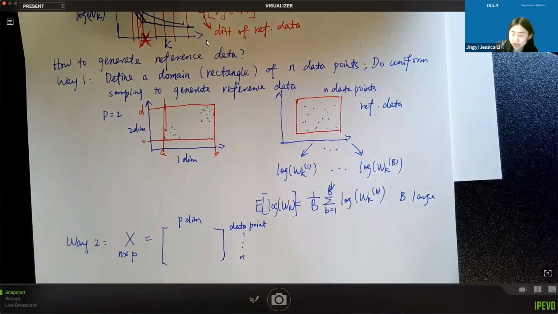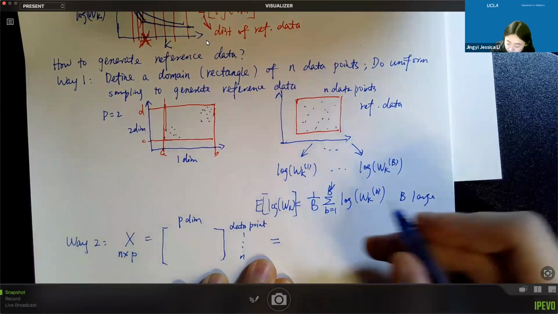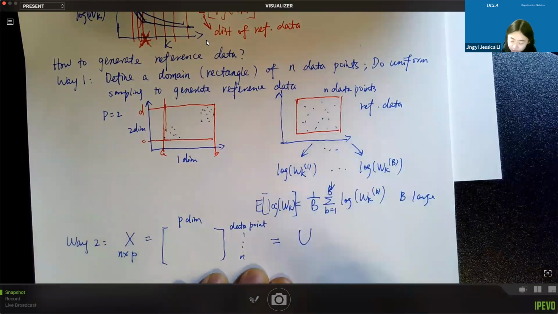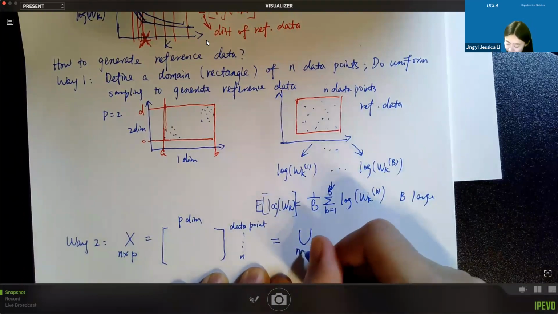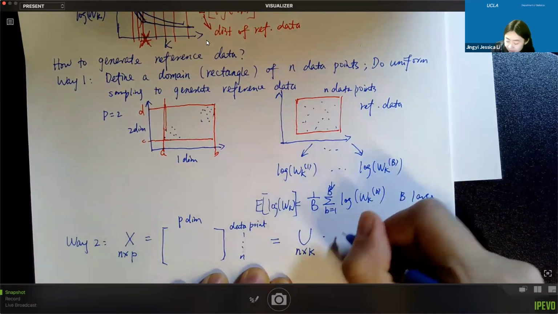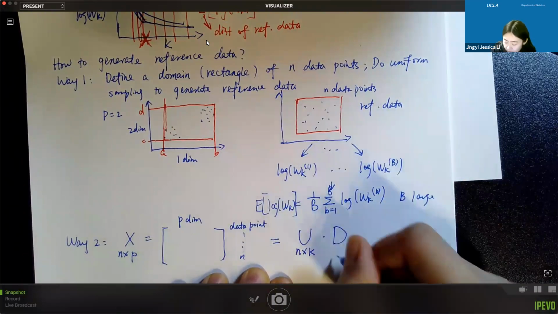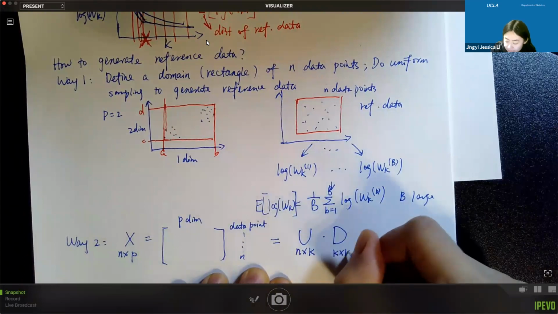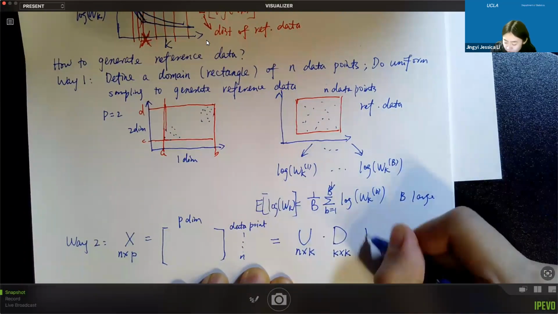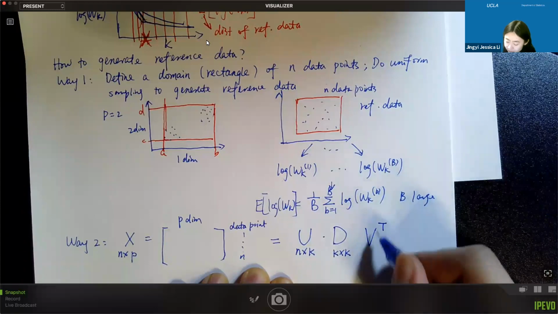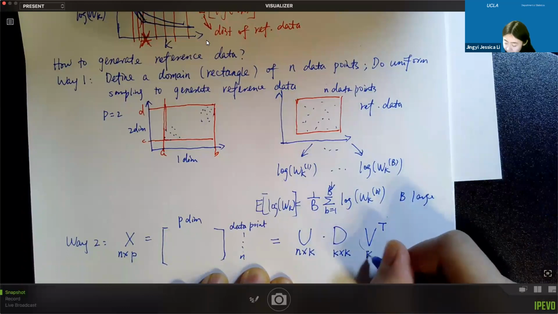So if we stack our data in this way, what does the singular value decomposition do? Please note that it works for a matrix of any dimensions. It will find a U matrix, which is n by k, times a diagonal matrix, which is k by k, and another matrix often called V transpose, which is k by p.